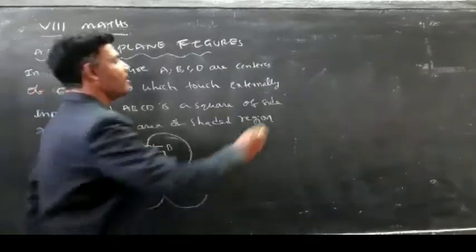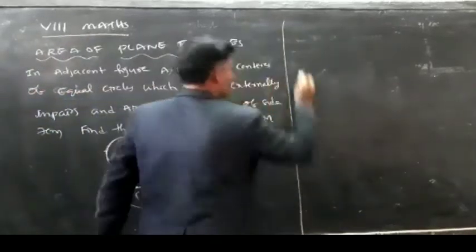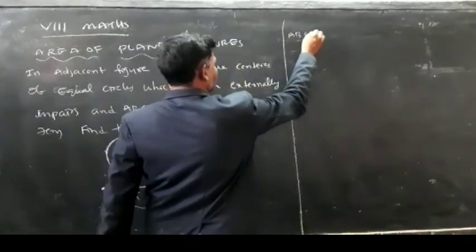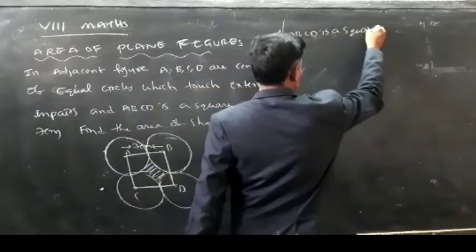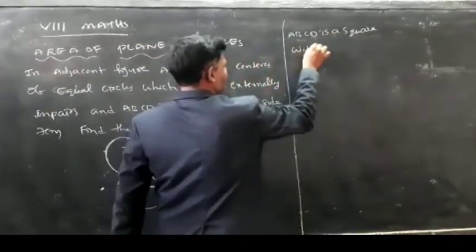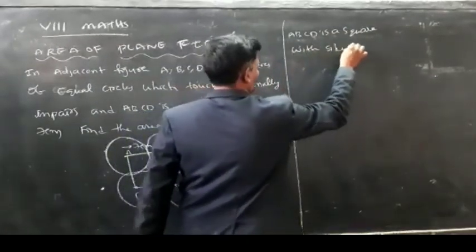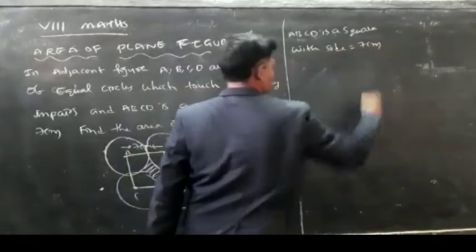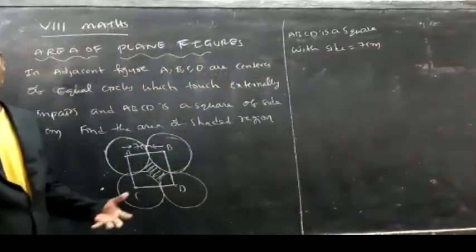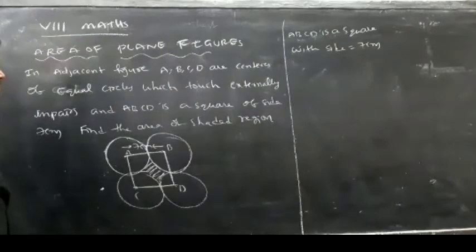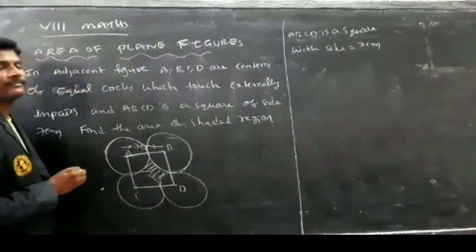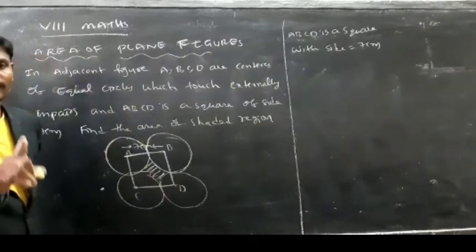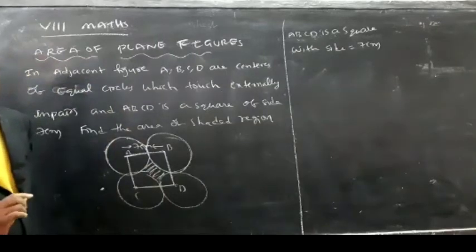First of all, here ABCD is a square with the side 7 centimeters. Then see here, the radius of the circle is nothing but half of the side of the square.